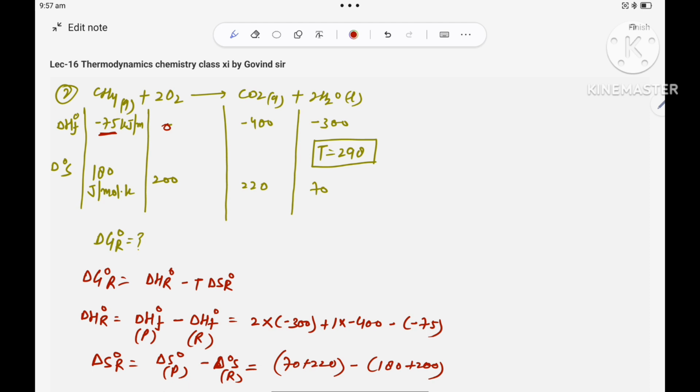Then you can easily find out delta G. In this formula you can put the value, temperature is given. So that is the question.